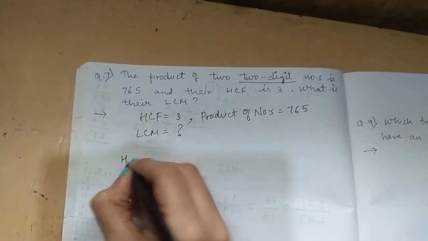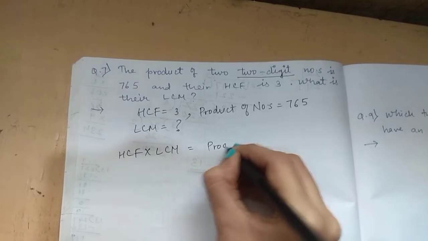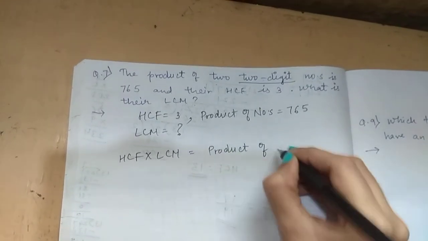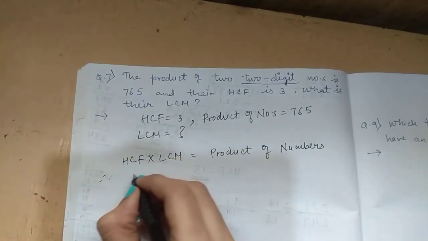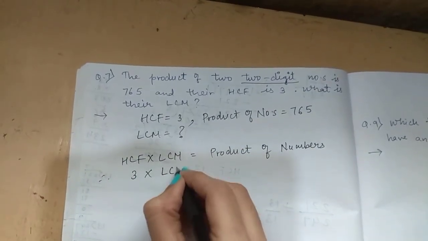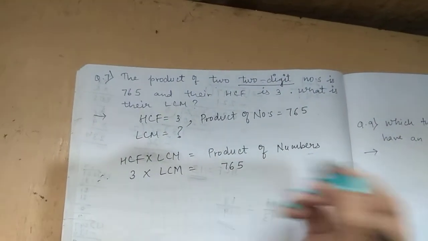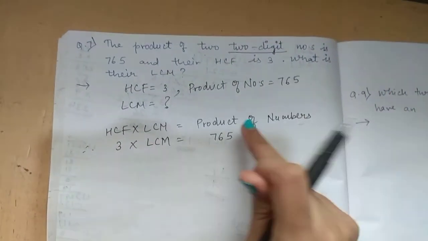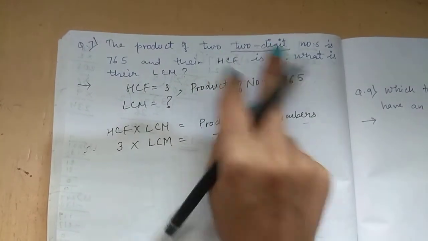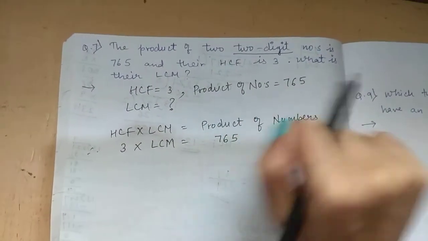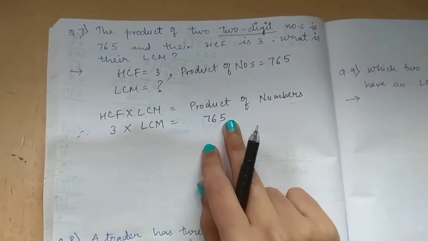Again, using the same property, HCF multiplied by LCM equals the product of numbers. How much is HCF? 3. LCM we don't know, we will write as it is. Product of numbers, we know it is 765. Now remember, this is the product of the numbers. Whichever two-digit numbers there are, directly their product is given here. We do not have to find individual numbers.